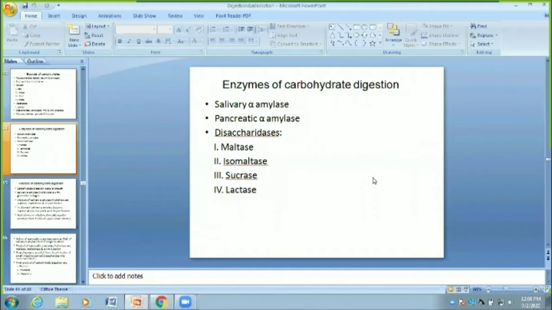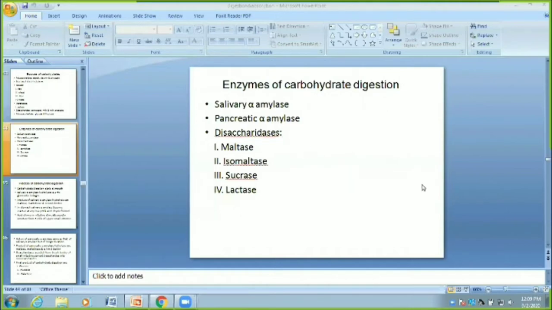From these glands, salivary alpha amylase is secreted. Pancreatic alpha amylase is secreted in the exocrine secretion of the pancreas. Next, disaccharidases. These are secreted from succus entericus, from the intestine.